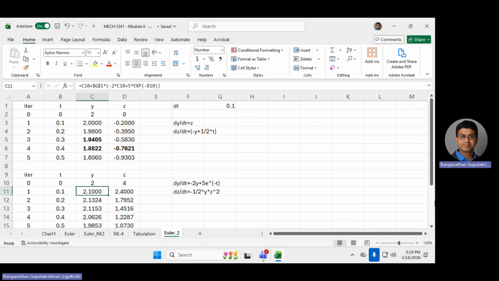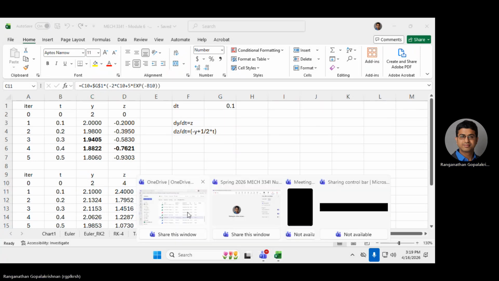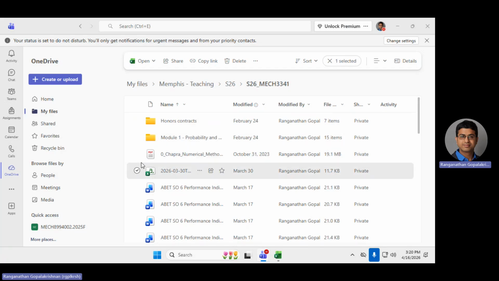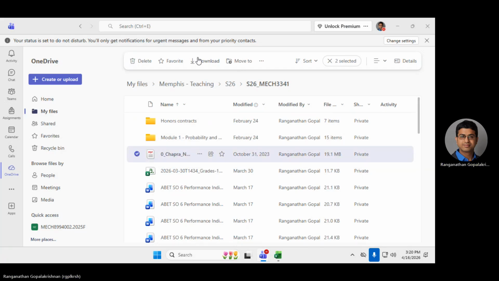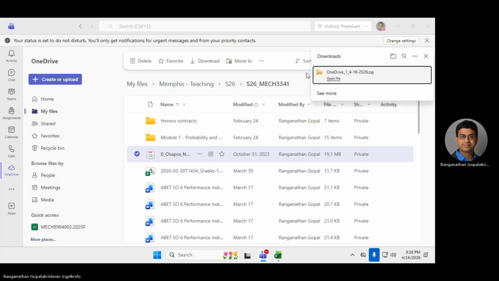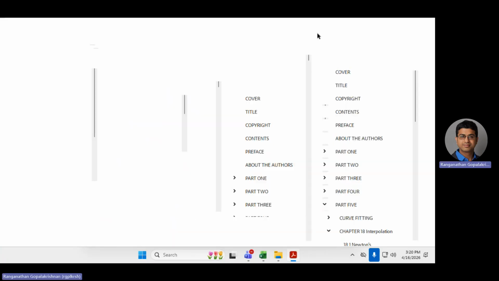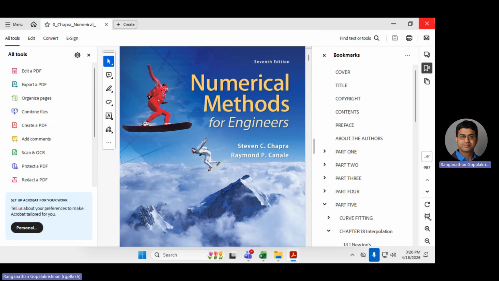Okay. I want to bring up this example. Problem number 25.25, page 754, if you have the book in front of you.